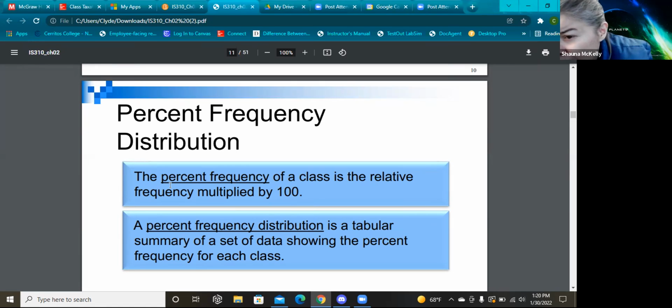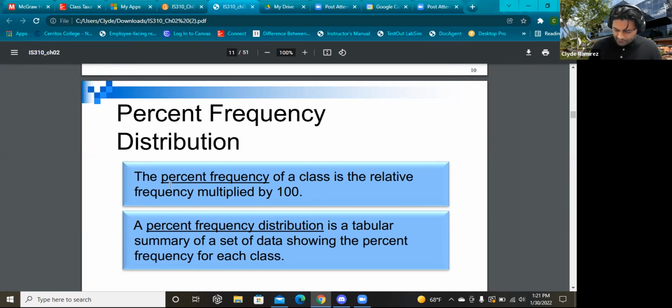So this book is making a distinction. It's a really small distinction, but the book seems to make it, so just be aware of the wording.